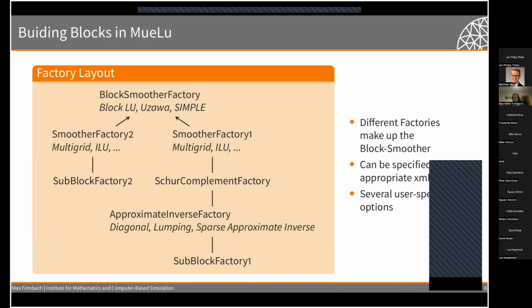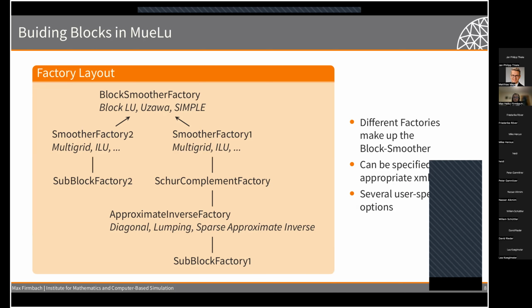And the smoother factories themselves need some kind of operator on which the linear solve is performed. On the left side, for example, you see we define a subblock factory 2. And this subblock factory 2 will extract one of the diagonal matrices of our block matrix, for example, the B part.